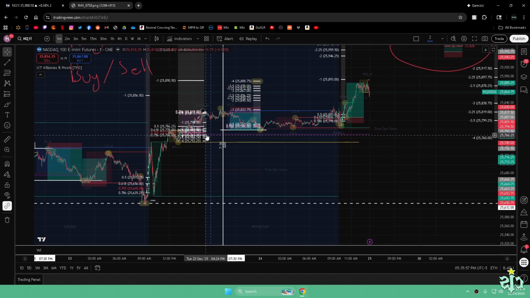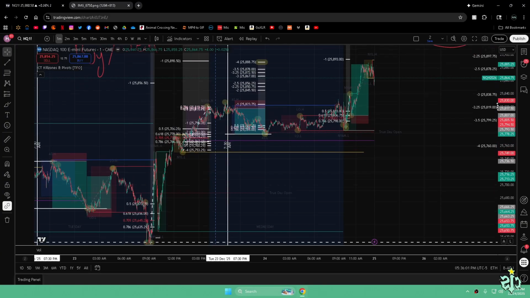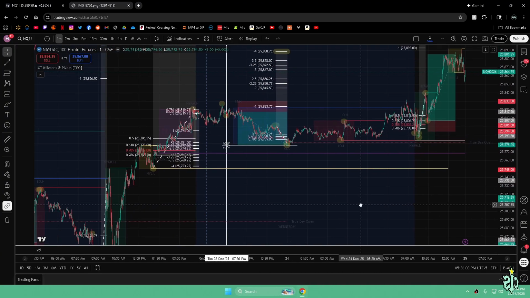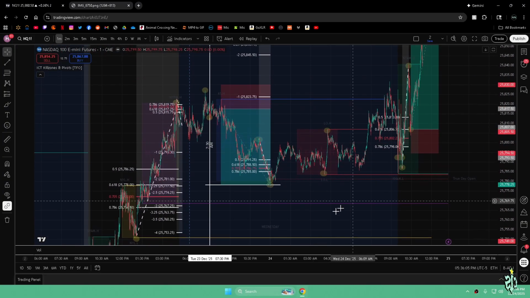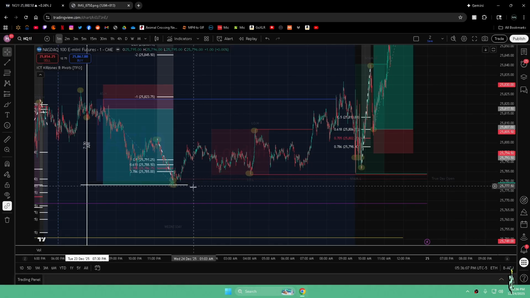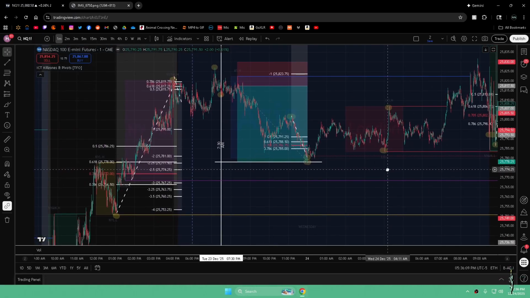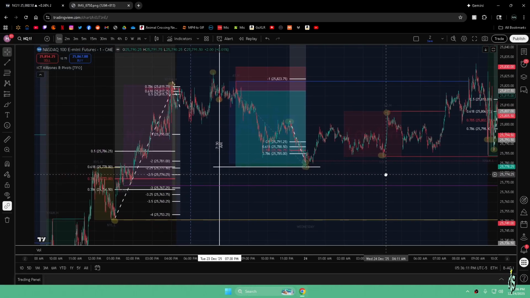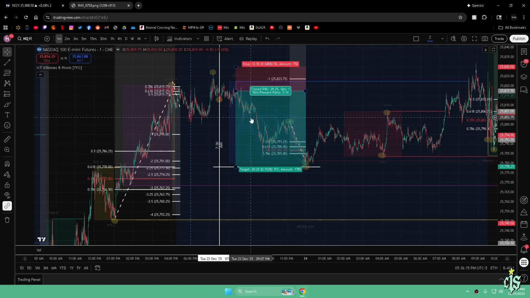Just know that there are a lot of fibs that will mess you up, so you gotta get them right. Sometimes it'll be a tick that gets you. For the most part, don't get too greedy.